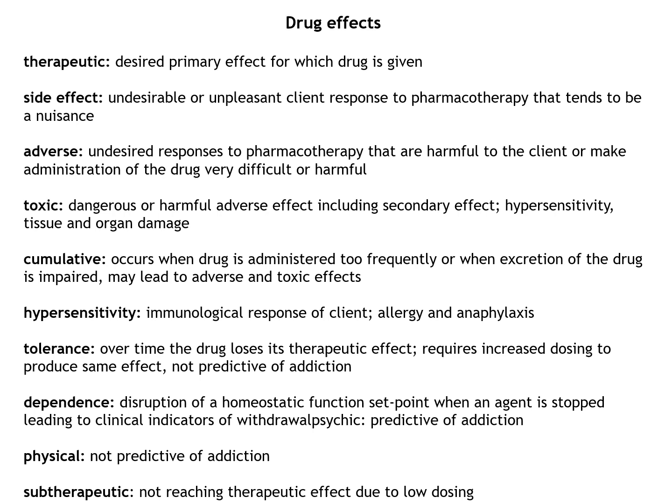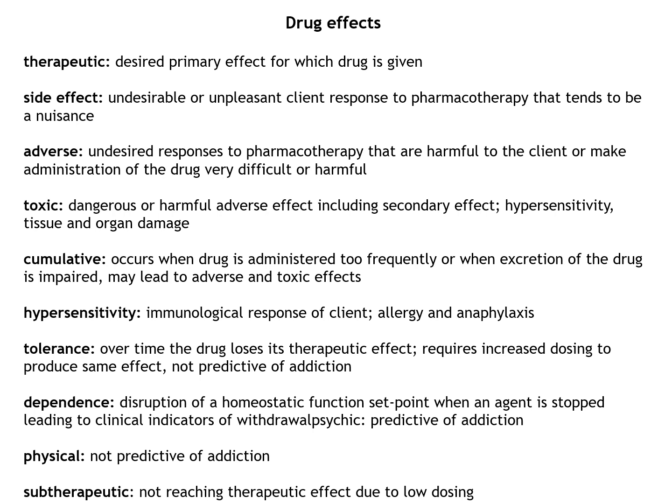Tolerance, over time the drug loses its therapeutic effect, requires increased dosing to produce the same effect, and of course is not predictive of addiction. Dependence is disruption of a homeostatic function set point when an agent is stopped, leading to clinical indicators of withdrawal or psychic symptoms, right?